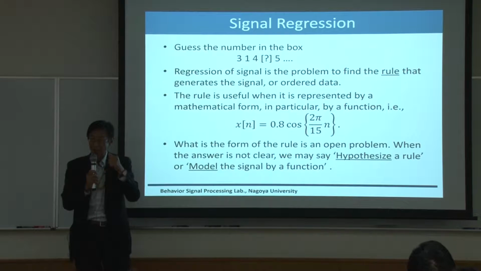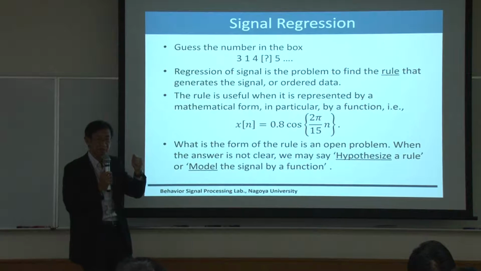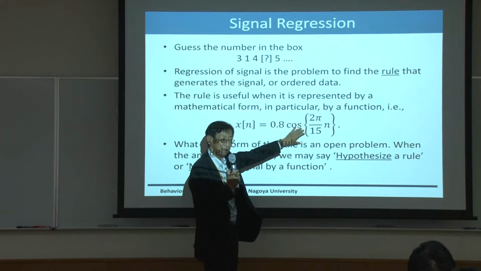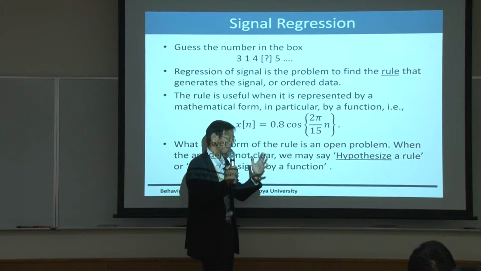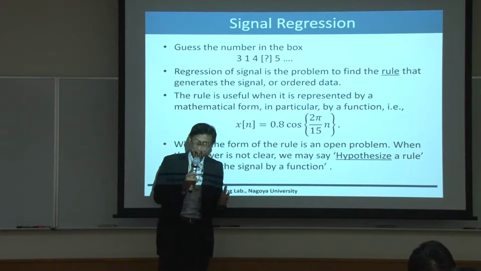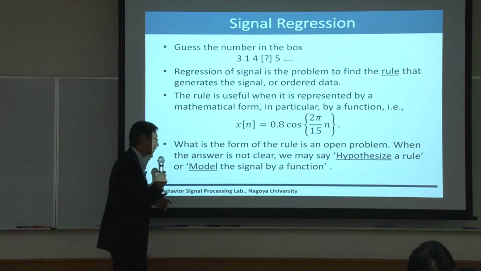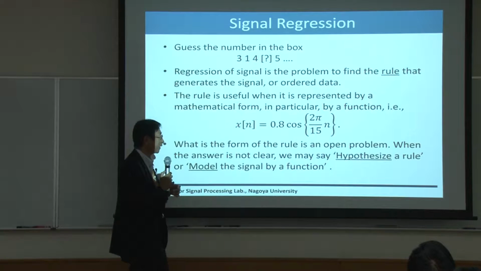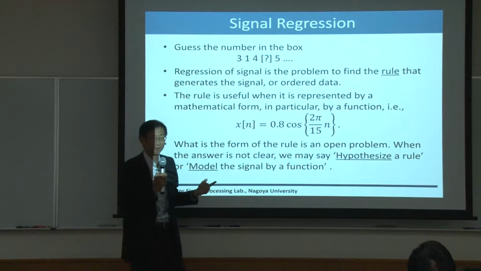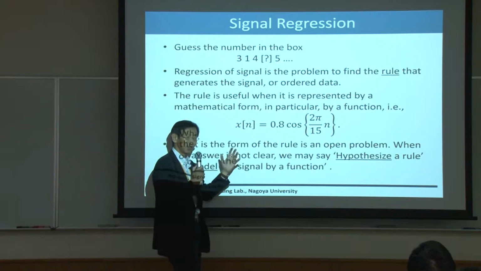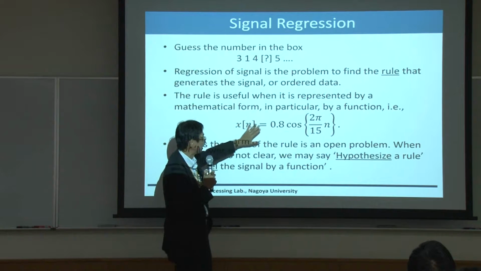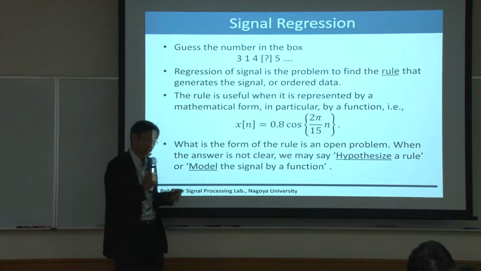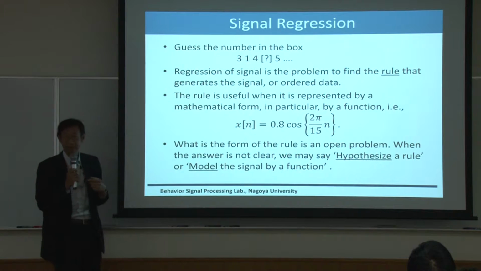So if you have a good eye, good sense, then you can correctly hypothesize the rule. But if you have bad sense or bad experience, or extraordinarily different experiences from your life, your guess may be quite different. But God knows, we don't know the exact form of the rule. That can only be hypothesized by us.